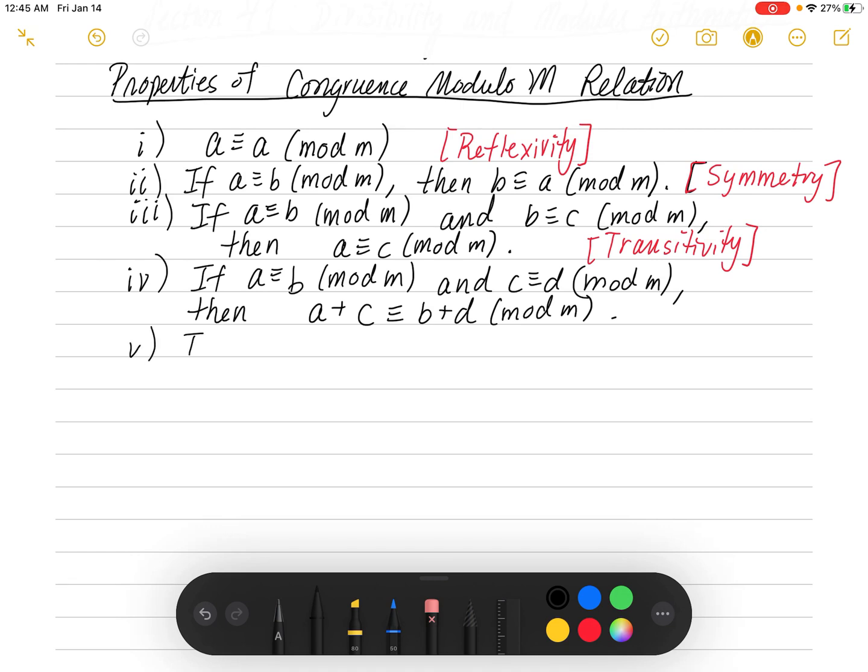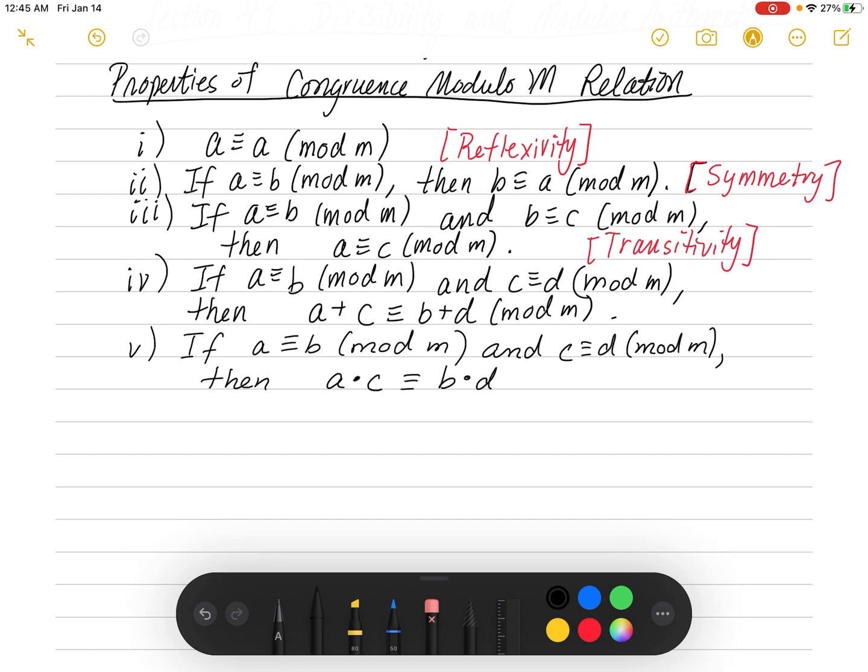Number five, you can do a similar thing with multiplication. If I have a congruent to b mod m, and c congruent to d mod m, then if I multiply a times c, that's going to be congruent to b times d mod m.